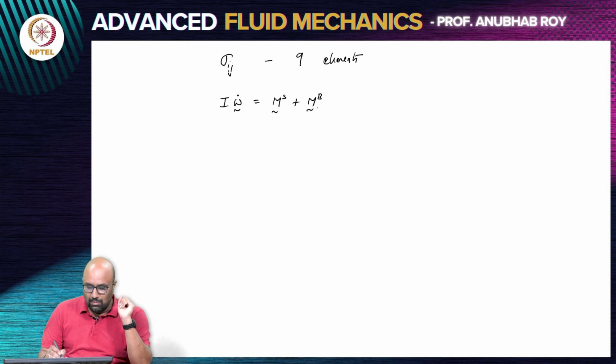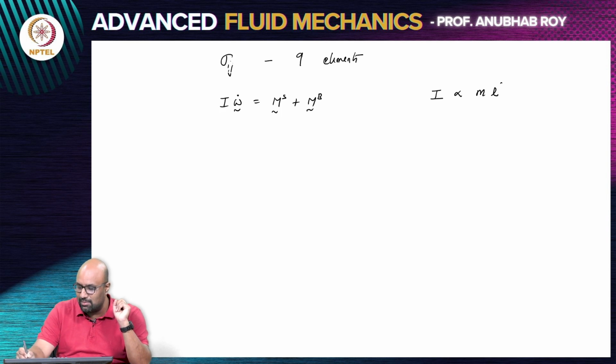Before we do this calculation, we can use the same argument that we are interested in a tetrahedron which is infinitesimally small. How would these objects scale? I, if you remember, is the mass moment of inertia. As a scaling, this scales as mass times some dimension squared.